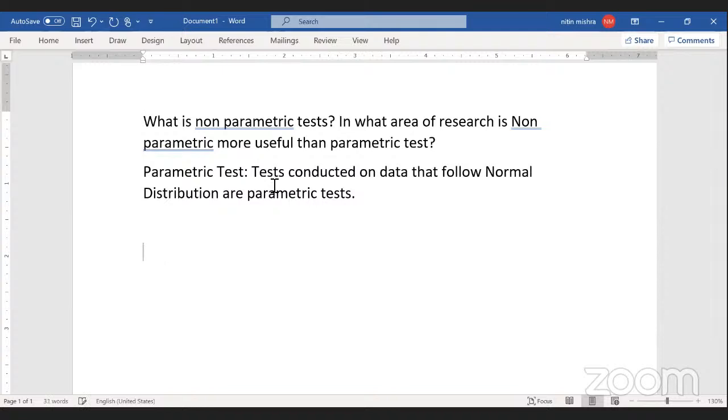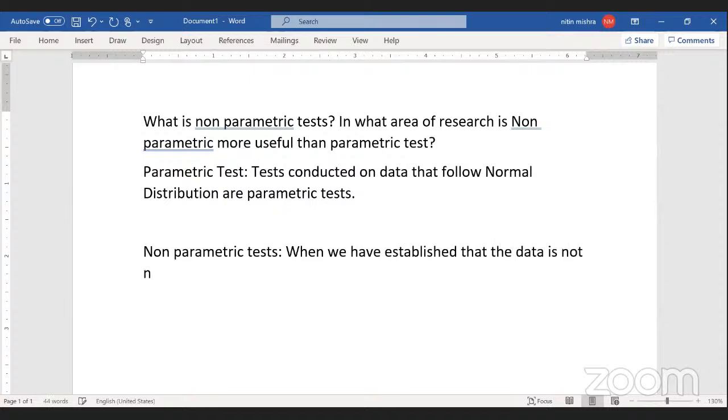And the corollary, non-parametric tests: when we have established data is not normal, then we do non-parametric tests.